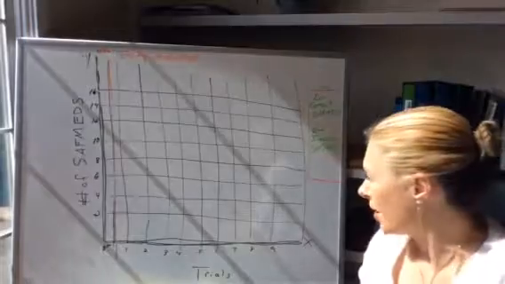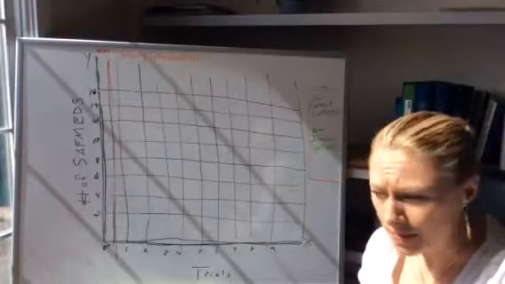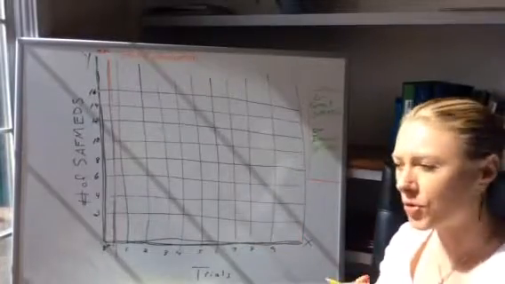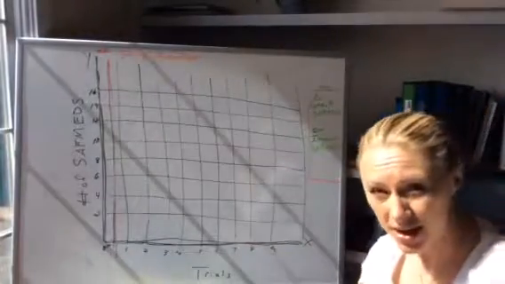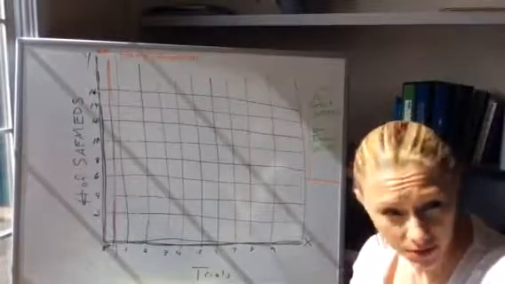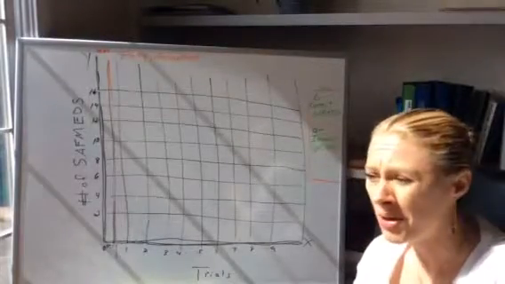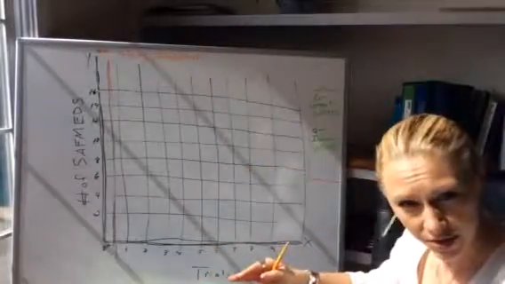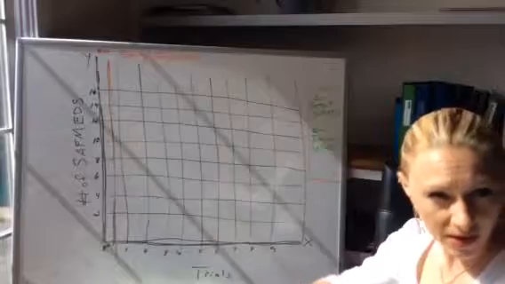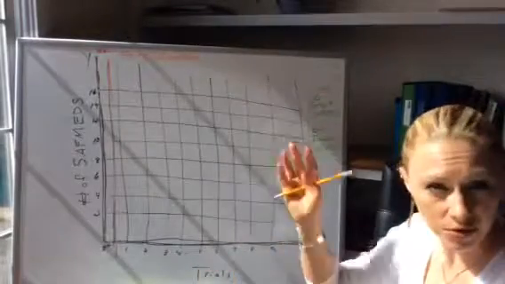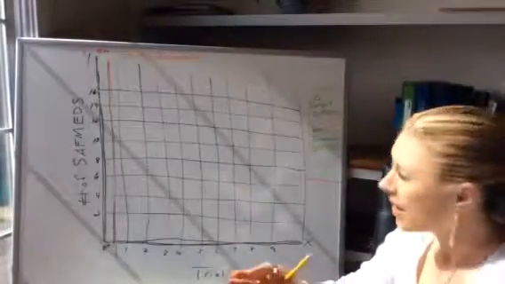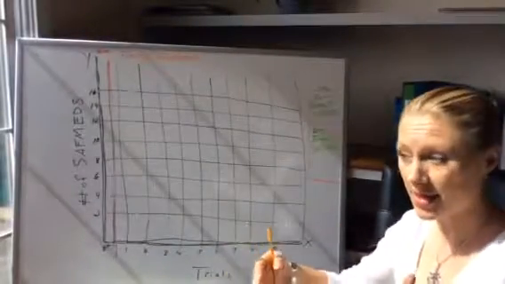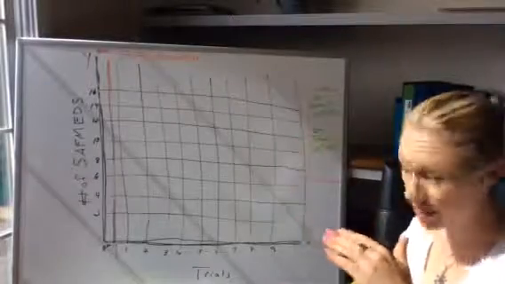Okay, so in some graphs, you might have multiple phases, especially if you were doing some sort of reversal design or a multiple intervention design, where maybe you're implementing one treatment, you're seeing if there's an increase or decrease in behavior, you're withdrawing the treatment again back to an original baseline, and then maybe you implement a different kind of treatment to see if there's a further increase or decrease.